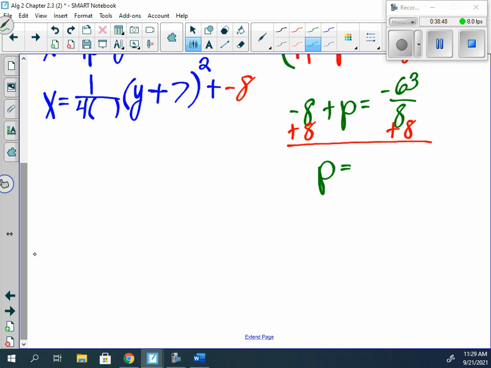Eight times 8 is 64. 64 minus 63 would be 1. Or really, if you did negative 63/8 plus 8, you should get 1/8. And what do we need to do? We need to plug it in.